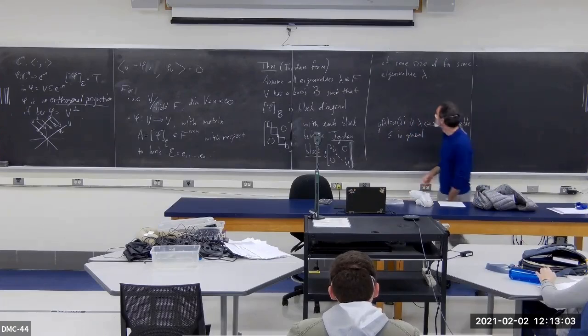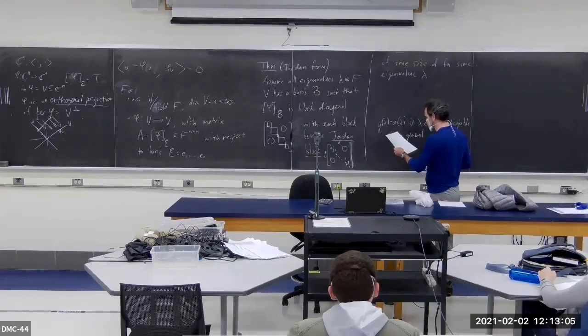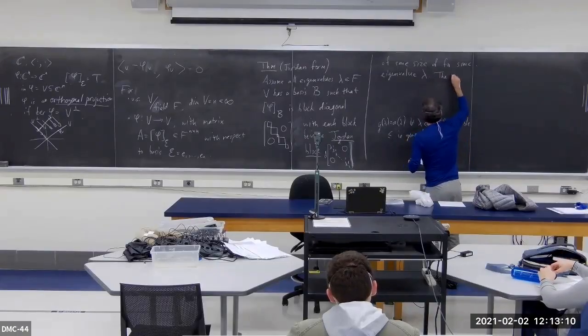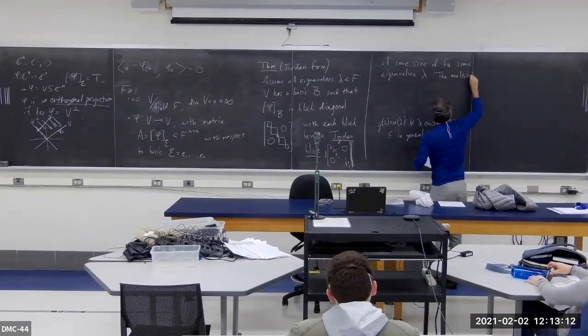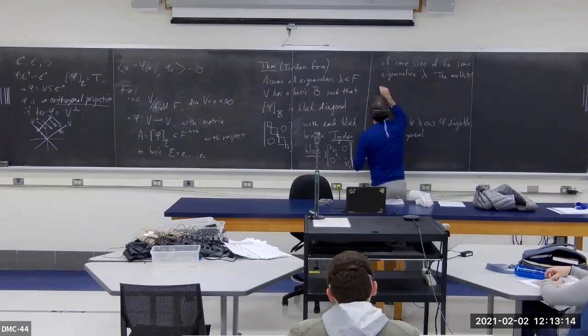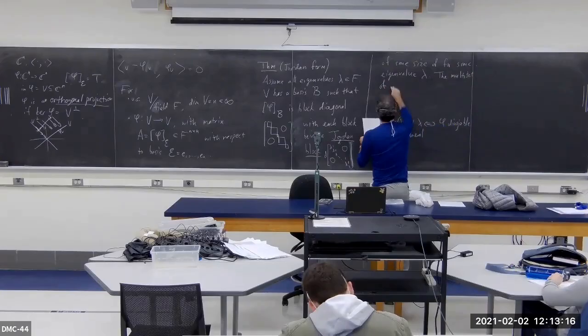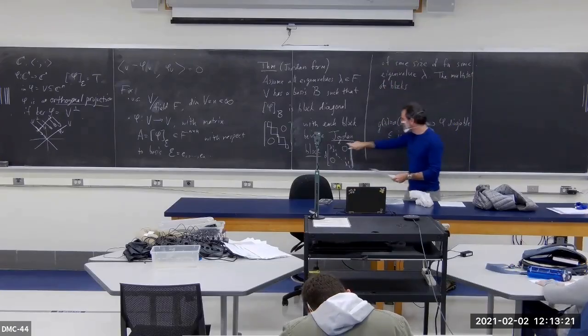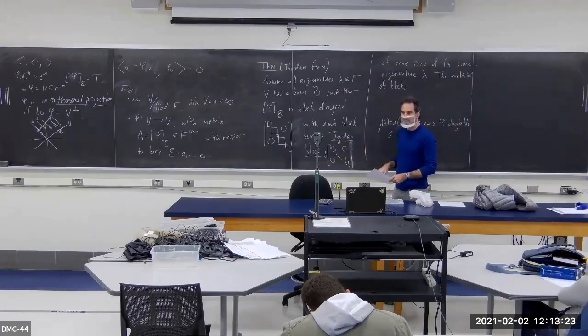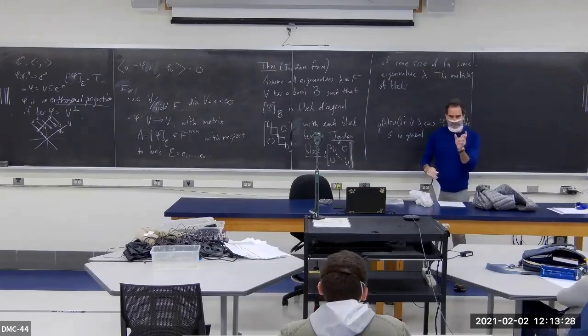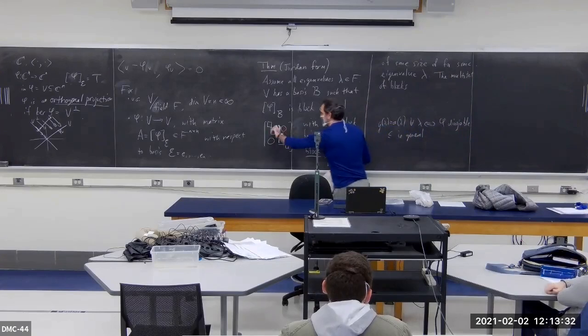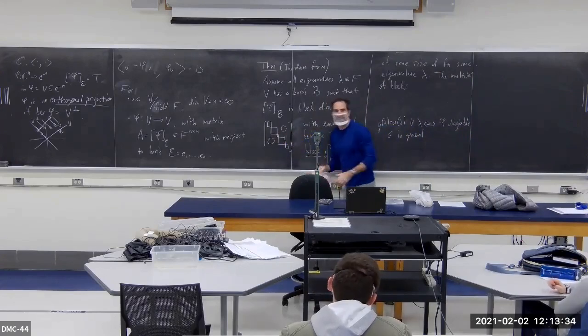So let me write the last sentence of this theorem first, and then we'll look at it for a second. The multiset of blocks, by which I mean the d's and the lambdas, right? So each block has a d and a lambda associated with it. If I just look at which pairs lambda, d occur, then I can rearrange these blocks, that's all I can do.